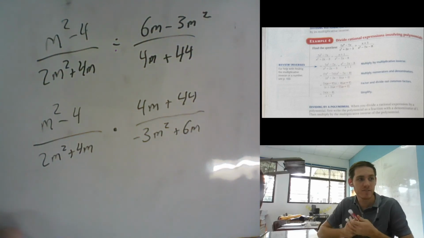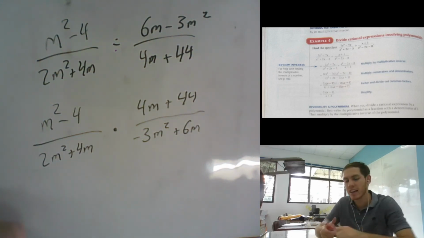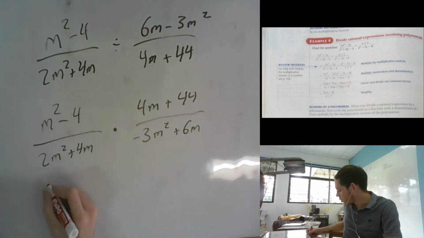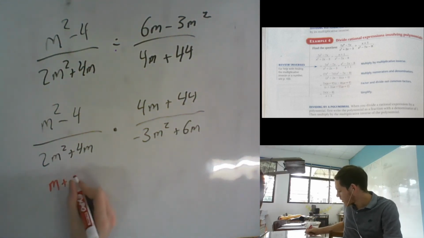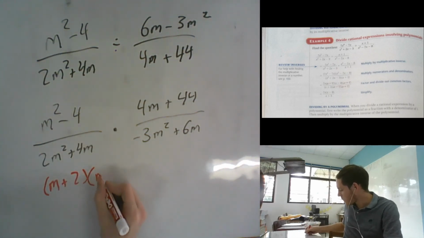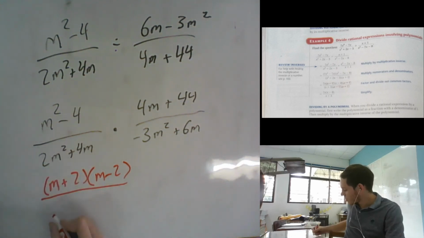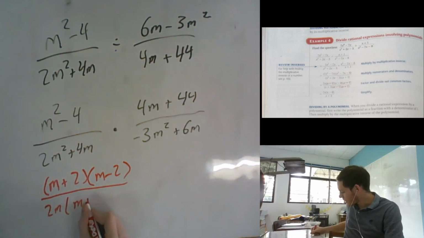We'll try red. Okay, m squared minus 4 could be factored into m plus 2, because you just square root the last number, and m minus 2. Okay, the denominator, we can factor out 2m and get m plus 2.